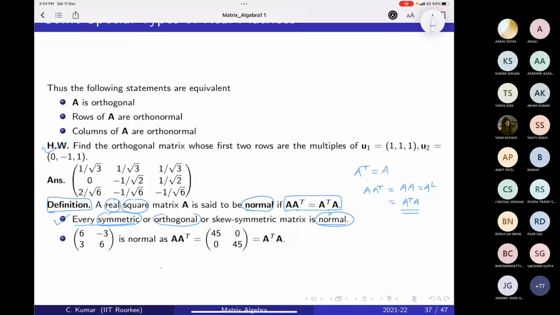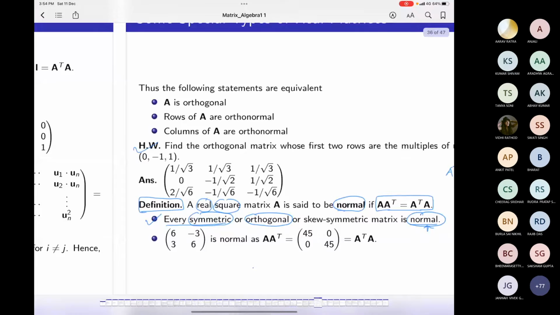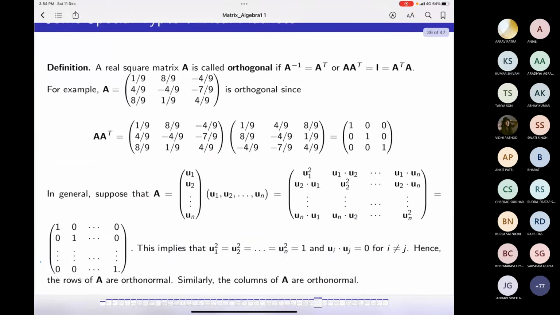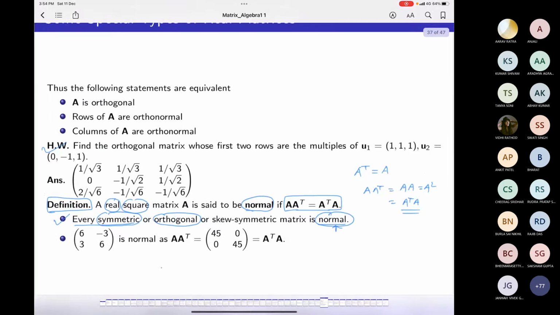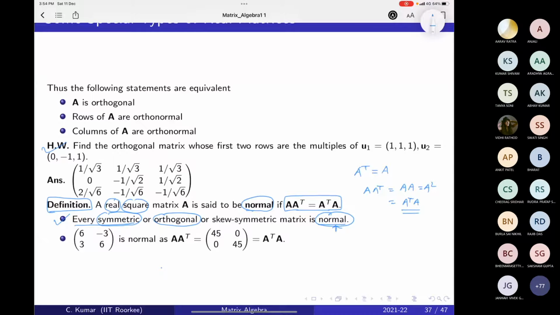Similarly, an orthogonal matrix is also normal. You can see from the definition. In an orthogonal matrix, we have just seen that A into A transpose is equal to A transpose A. So it is a normal matrix, and the skew symmetric matrix is also normal.